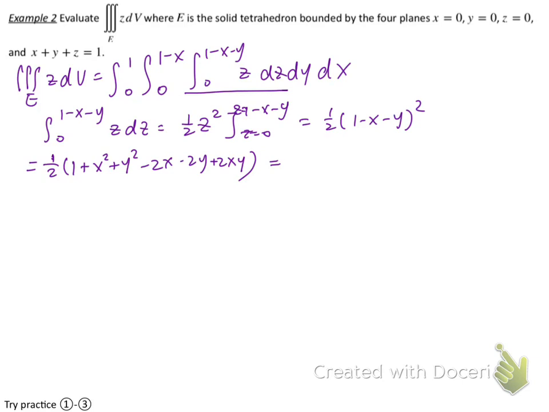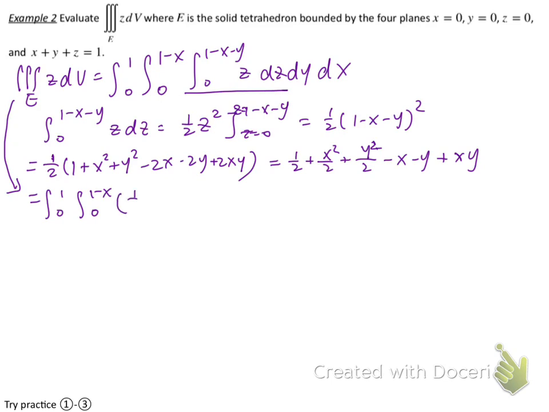So I'm having 1/2 plus x squared over 2 plus y squared over 2 minus x minus y plus xy. Then I throw it in the second integral. So my original integral becomes 0 to 1, 0 to 1 minus x of this whole thing, 1/2 plus x squared over 2 plus y squared over 2 minus x minus y plus xy, dy dx.